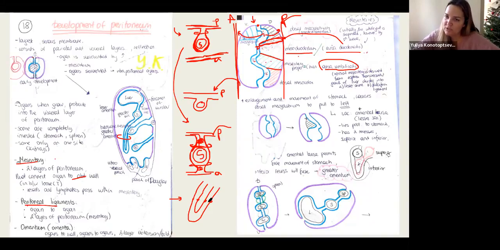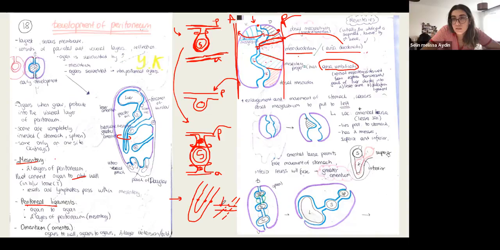Lesser omentum is considered to be false omentum even though it does have four layers. And they go kind of like this. I will try to draw it because one is on the top and one is under it. So the dashed line should show you that it is under it. So what am I drawing here? This is lesser omentum. What is the top thing?